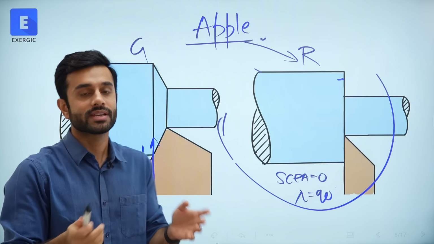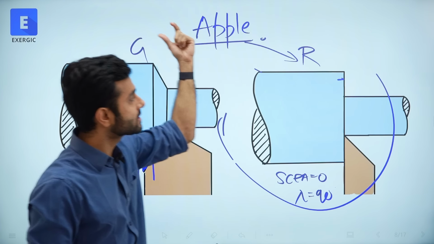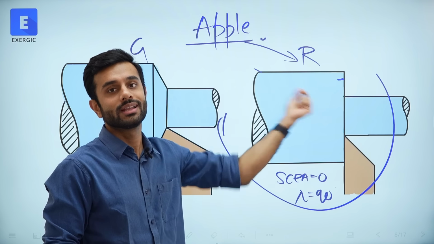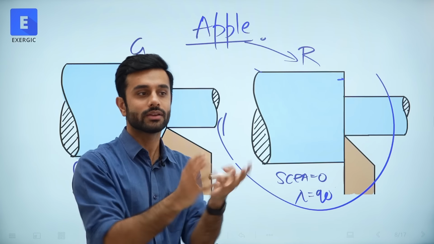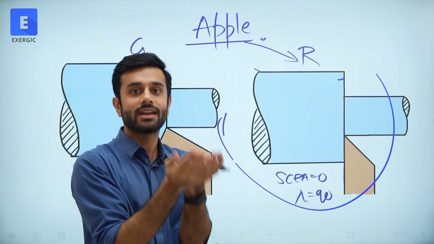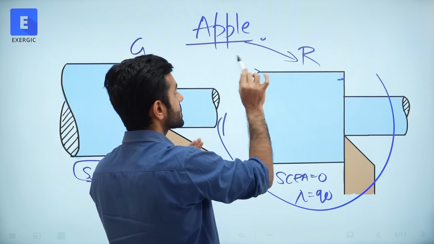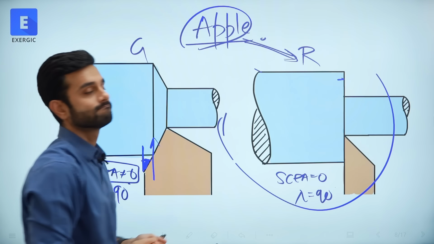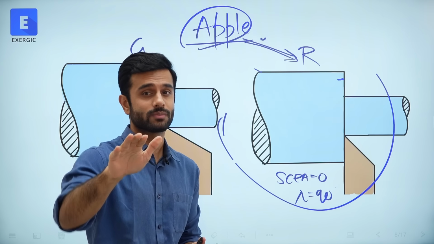No. The question can mention apple, the question can mention orthogonal, but whether it is true orthogonal or not will be decided by its color. Means you have to look at the given data and characteristics to decide whether it is red or green. But you can't say that if the question has mentioned apple, it has to be red only. That is the fundamental flaw, and the reason for that flaw I just explained to you.